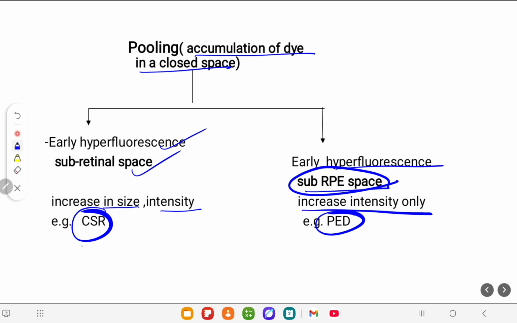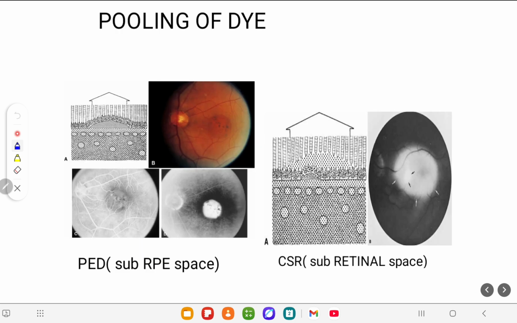In CSR, there is an increase in both size and intensity after pooling, but in PED the size remains constant while intensity increases. PED means an RPE detachment. Pooling of the dye in PED is a clear circular space, and intensity increases with time.